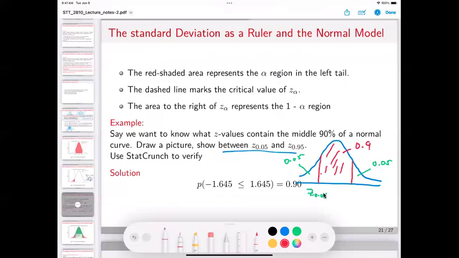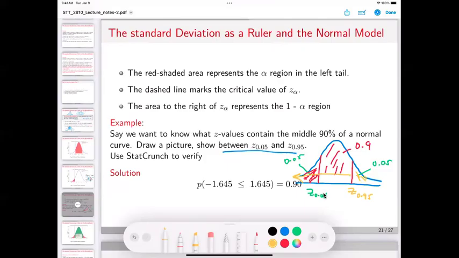And so we can see that here is z 0.05. So to the left is z 0.05. And then here would be z. What would it be? So to the left of all this is what? 0.95. Does that make sense?